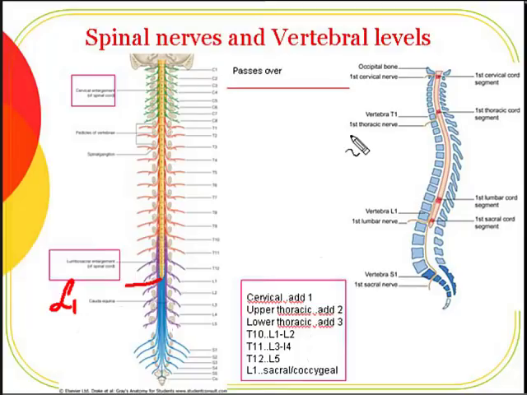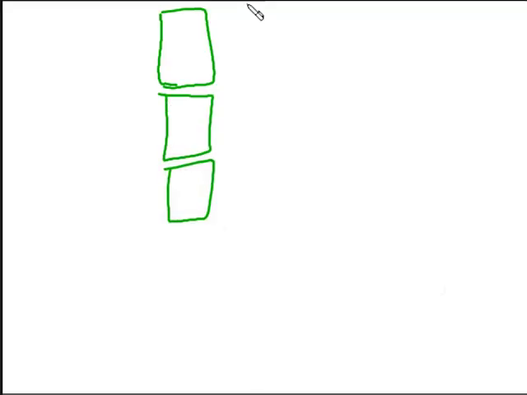look here. So let me say that this is the vertebral column. I have the vertebral column and this is the posterior aspect. These are the spines of the vertebrae.